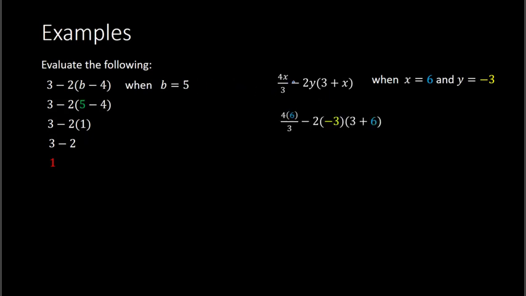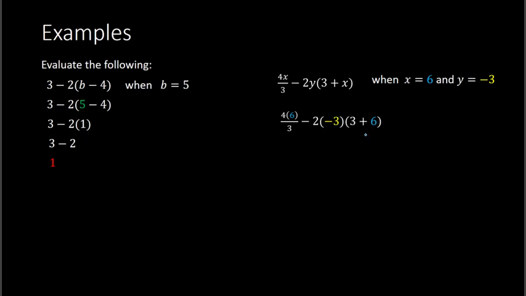So when I do that, instead of 4 times x, we have 4 times 6. Instead of negative 2 times y, I have negative 2 times negative 3, because y is negative 3. And instead of 3 plus x, I have 3 plus 6, because x is 6.